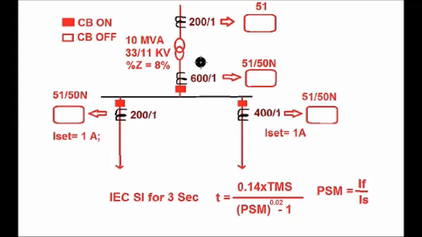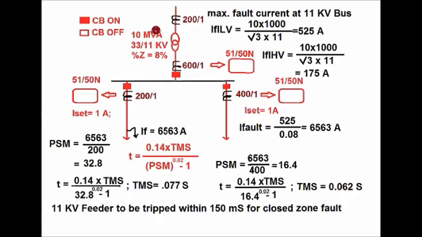We'll calculate the fault current considering the capacity of the transformer and the percentage impedance. Then we will calculate the TMS for this feeder and this feeder. In order to calculate the fault current very close to this 11 kV bus, a fault at the 11 kV bus or a fault very close to this 11 kV feeder is almost the same.